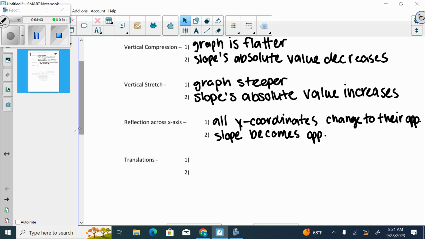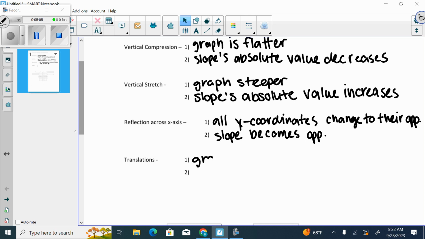Okay. And then last we have what we call translations. So translations, unlike changing the steepness of our line or the direction of our line, it actually picks our entire line up and can move it up or down or potentially even to the left or to the right. So it won't change the steepness of the line, just the location of the line.